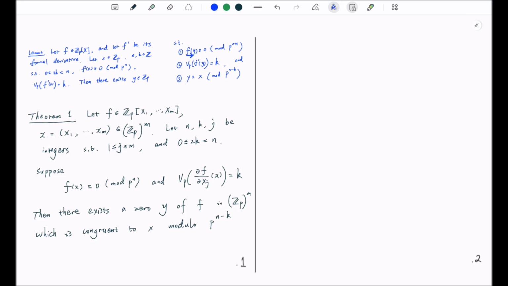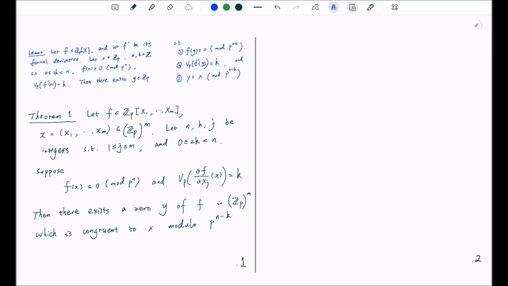The y in the lemma is not the true solution. It is still an approximation of the true solution, just a bit closer to the true solution than this x. But the y in this theorem is indeed the true solution to f.